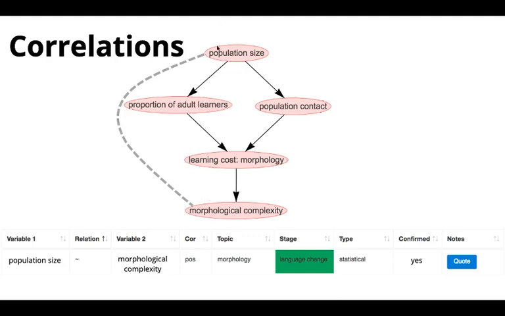So a correlation would be consistent with these causal things, but we can actually code it as a separate piece of information. So here we say that there's population size, it's correlated with morphological complexity, and that correlation is positive. This was determined by a statistical test, and it was confirmed. We could have also said that this wasn't confirmed, that they tested a correlation and didn't find one.